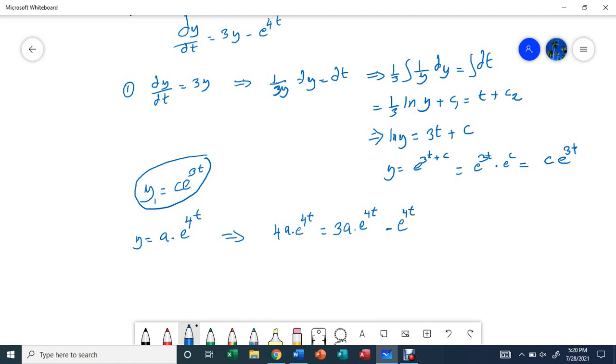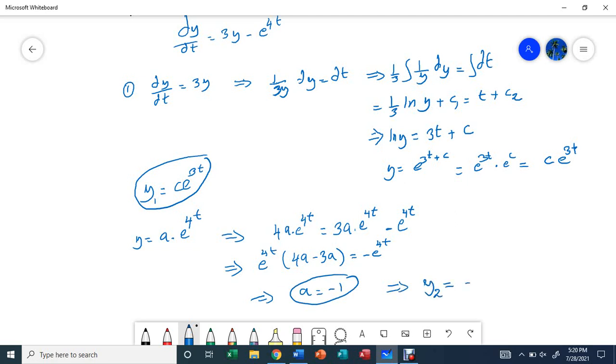Now if I move the a's to one side and factor out e to the 4t, I get 4a minus 3a equals negative a e to the 4t. That leaves me with a equals negative 1. So now my y2 is negative 1 times e to the 4t.